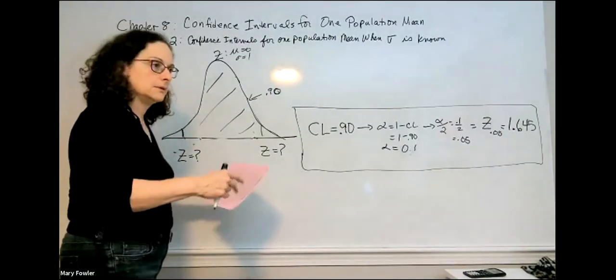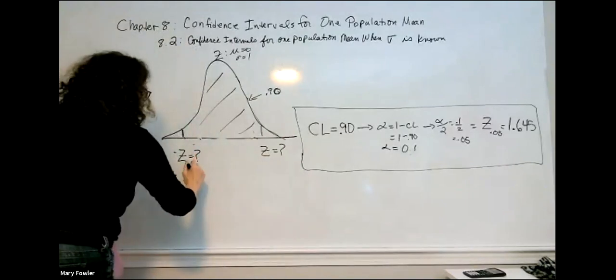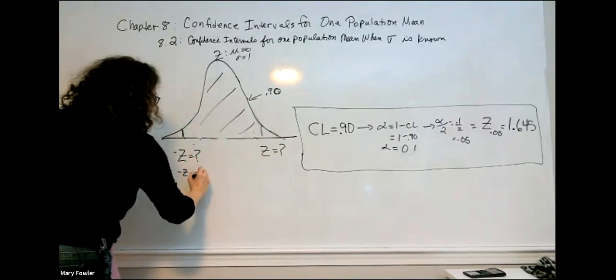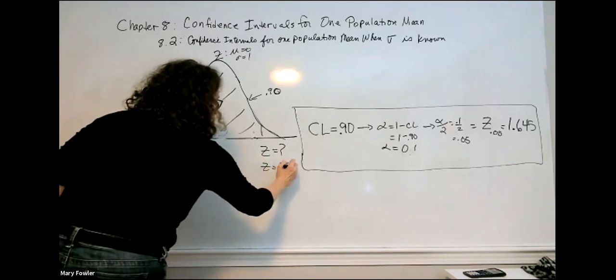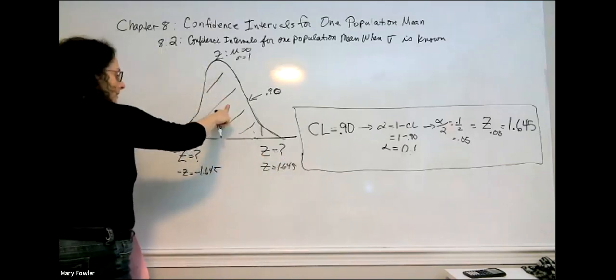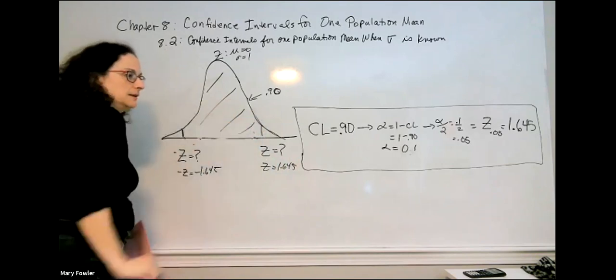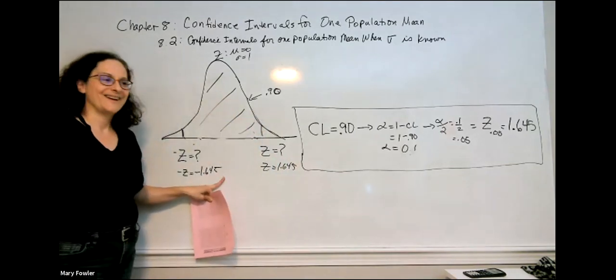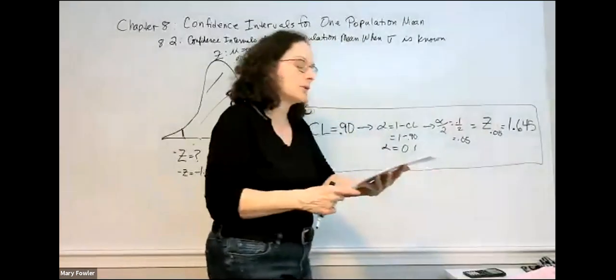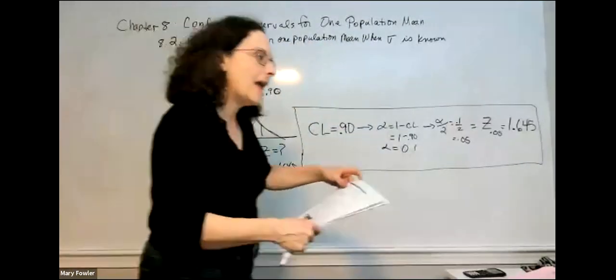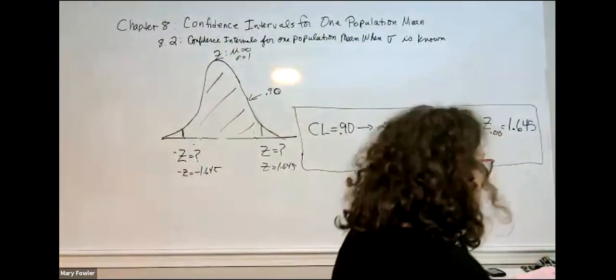So the picture is minus z equal to negative 1.645 and plus z equal to 1.645, 90% in the middle, 5% in each tail. So that's how we're going to calculate that z sub alpha over 2.